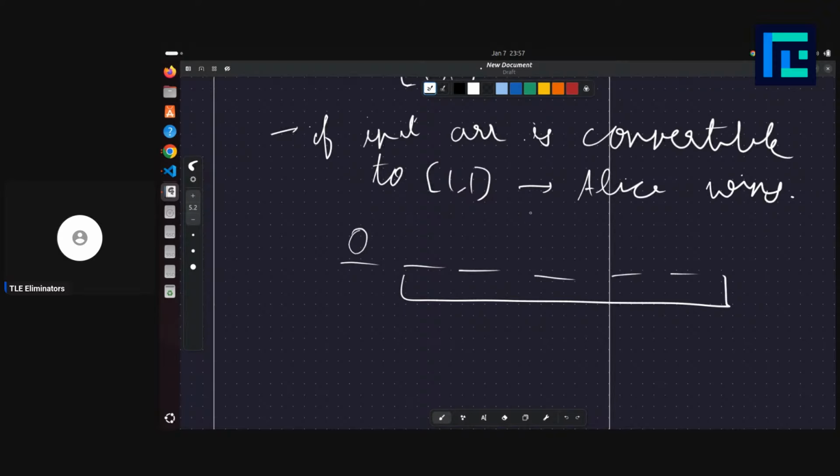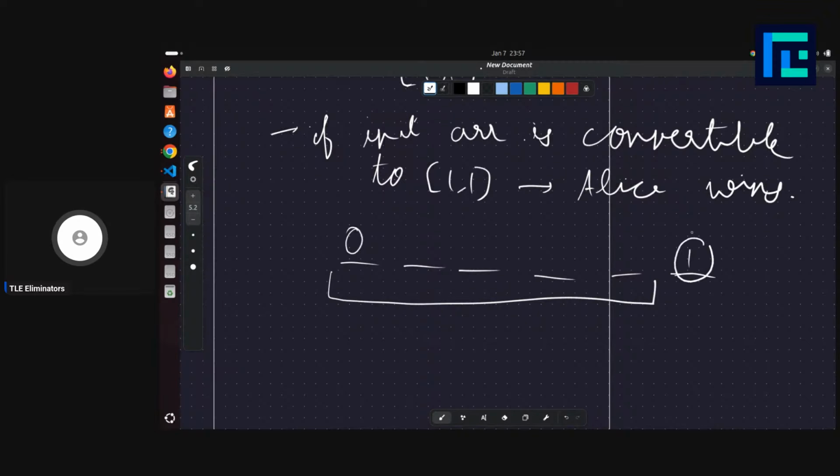And if there is a 0 here, then the only option Alice has is to convert this part and hope that this is a 1. If this is a 1 and this is a 0, then Alice can still convert this part and win this game, because it will get converted into 1 1.